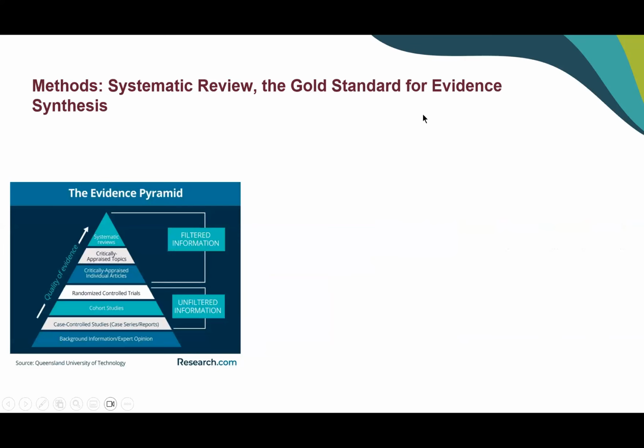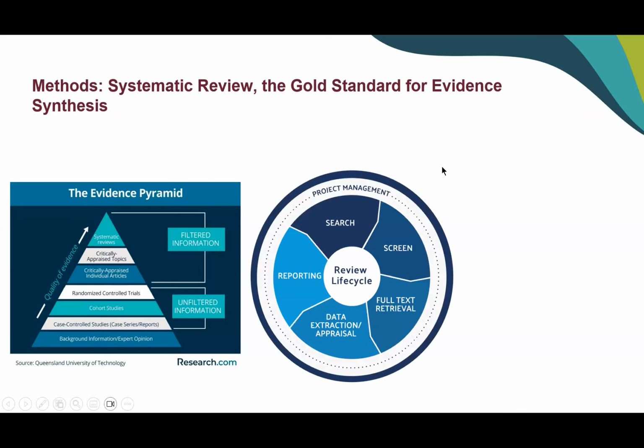And so, just a brief overview of methods. Systematic review is often considered the gold standard for gathering and synthesizing all the published evidence that's out there. This is an approach that's widely used by the World Health Organization and US agencies such as EPA, CDC, NIH, and others.